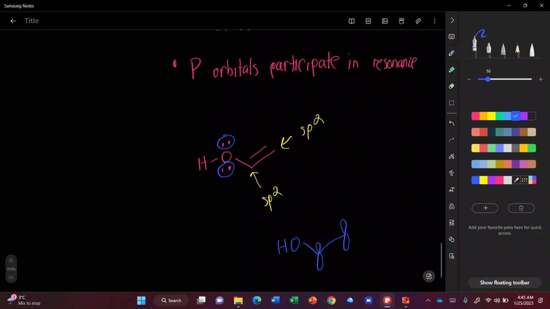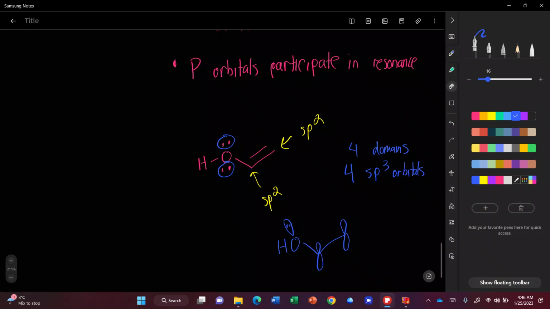Because if I have 4 domains and I have 4 sp3 orbitals, that must mean every single domain is in an sp3 orbital. Both of the lone pairs are in sp3 orbitals, and both of the sigma bonds came from sp3 orbitals. And if it's in an sp3 orbital, meaning it's sort of off-centered like that, sp3 orbitals cannot resonate with p orbitals.